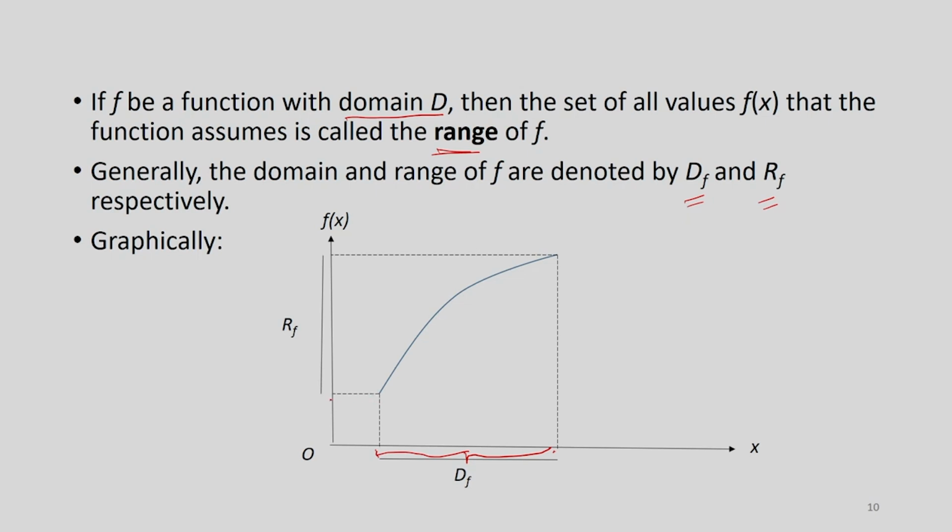The minimum value is starting from here, where x is also very low, and then as x is rising, f(x) is also rising, and as x is at its maximum, f(x) is also at its maximum. So, here is the maximum value that f(x) can take. So, the range of the function will consist of all values from here to here. Okay, so, that is how the range is defined.